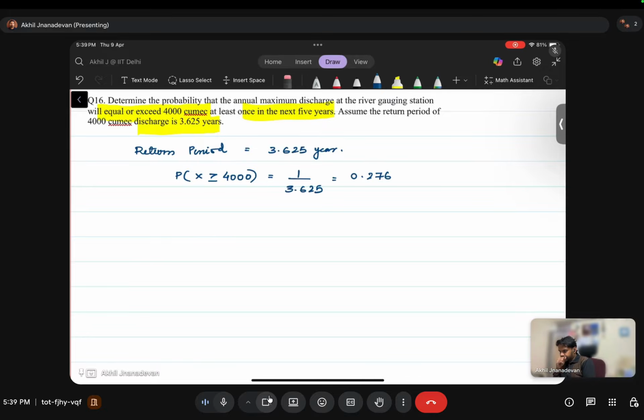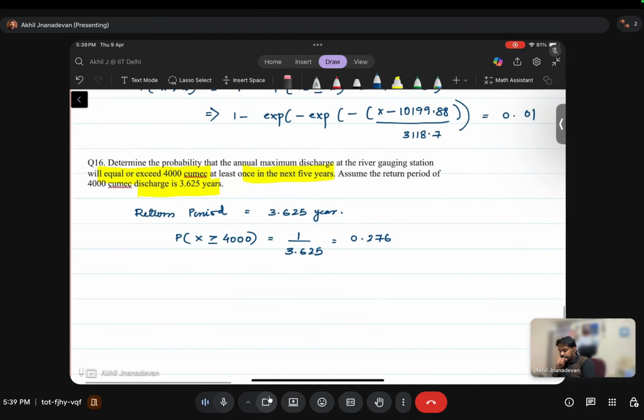So what is being asked in the question is, what is the probability that the annual maximum discharge at the river gauge station is equal to or greater than this, at least once in the next 5 years. So it will occur once in the next 5 years.